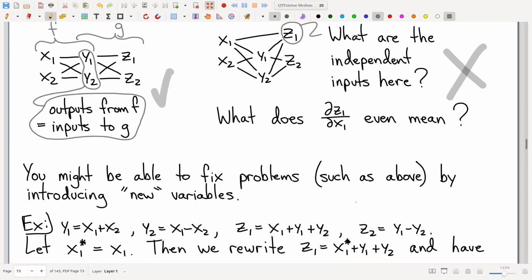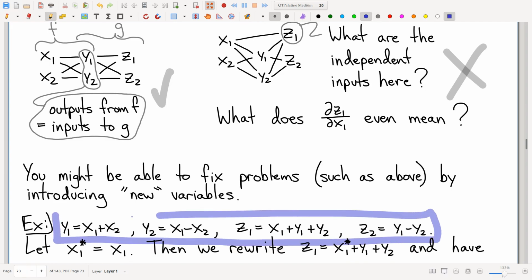Right? So let's look at this down here. Let's look at this question. Now here's several equations, and if you note, these equations, if you were to connect the variables one at a time, in fact, you would produce that diagram. So in a situation like this, if the question says, hey, what's the partial of z1 with respect to x1, what does that even mean?